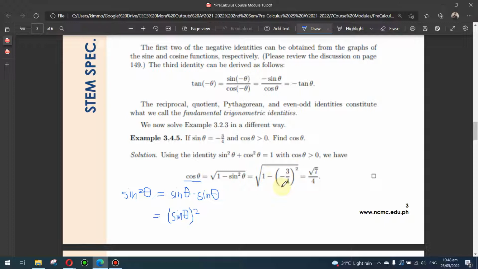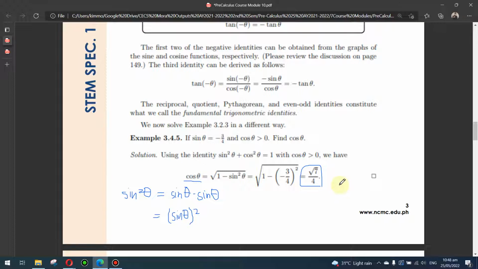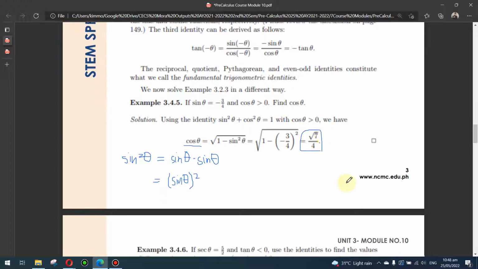So, 1 minus the square of negative 3 over 4, then yun nato siya i-square root. So, atong answer ana is square root of 7 over 4. So, you try it sa inyong calculator. Okay, so the answer for cosine theta is equal to square root of 7 over 4.